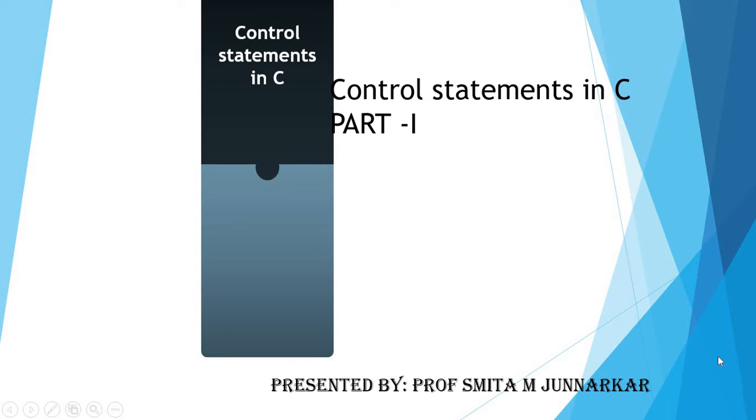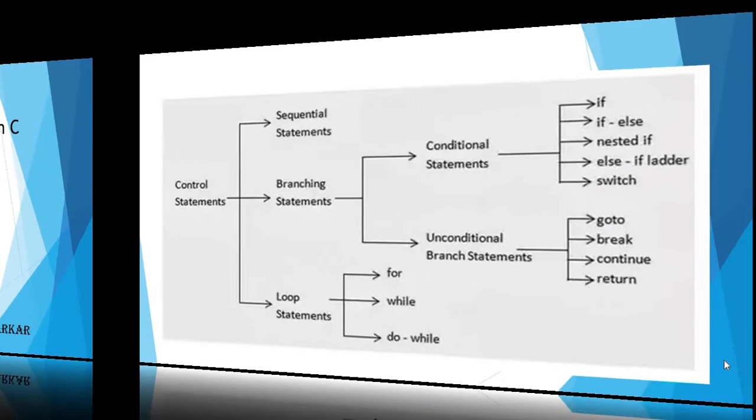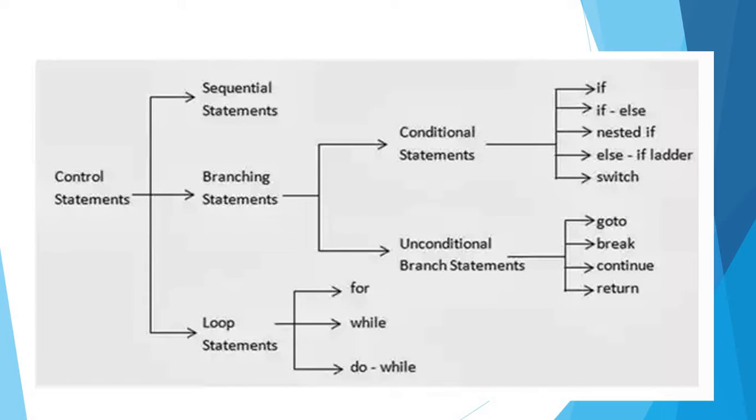So let's start with control statements in C. First one is the sequential statement, then the branching statement, and next the loop statement. So basically control statements get divided into three different parts: sequence, branch as well as loop.